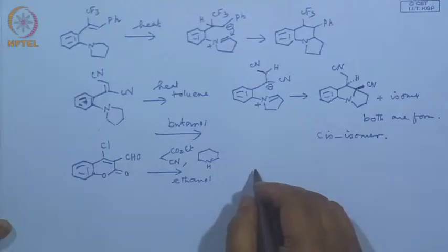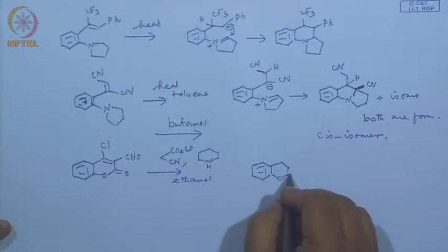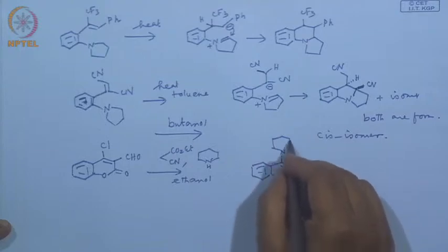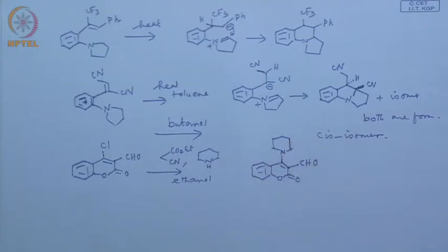So, you have to have a product which will not go back reversibly to the starting material. So, the product is not the Knoevenagel product; the product is a displacement of the chlorine with this nitrogen, and now you have a formyl group here.